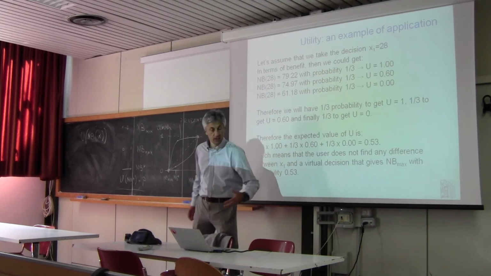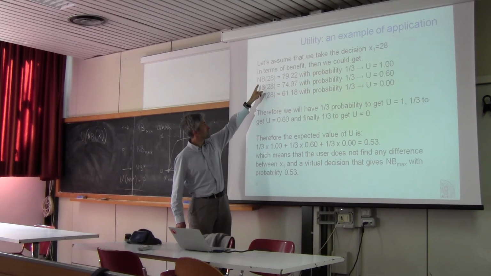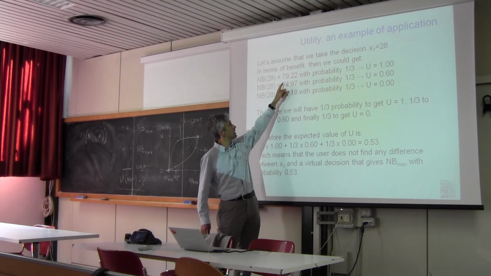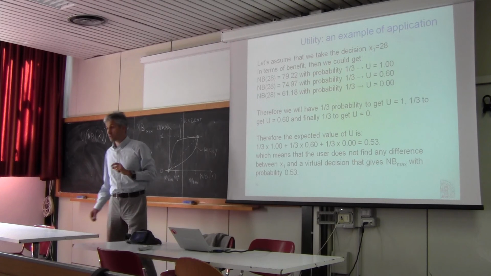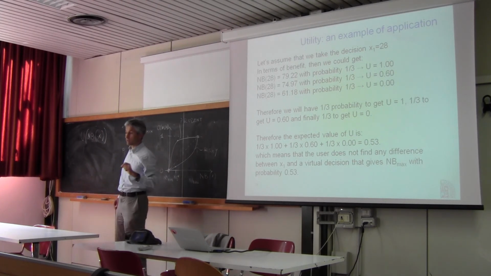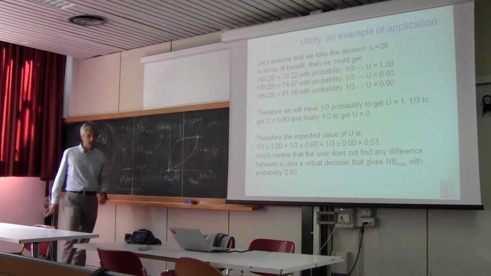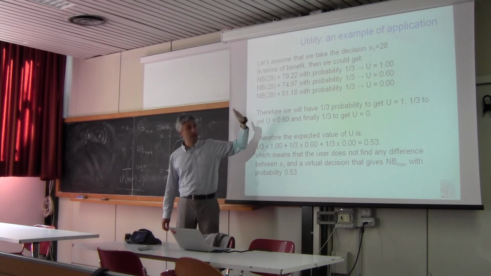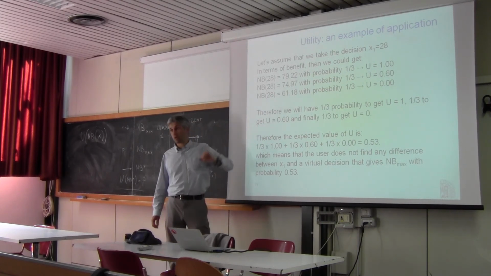What I'm doing here is let me take into consideration the decision 28, and then I have a utility 1 associated to the first possible outcome, and the first possible outcome is related to a probability of 1/3. Fine. Then, another possibility is the second outcome, which has a utility of 0.6, and the probability again is 1/3.